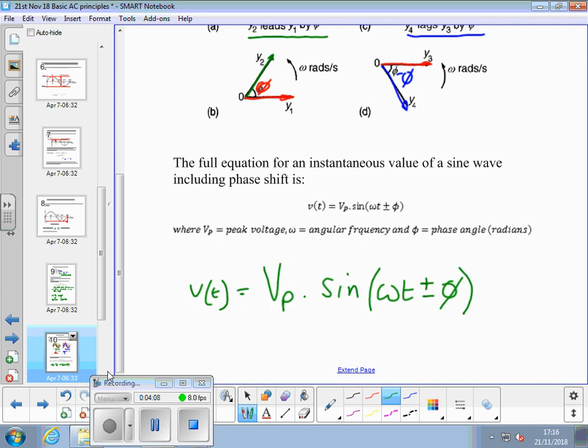Omega is always in radians. If this bit is an angle in degrees, then the phase shift is also an angle in degrees, but you're not going to come up against that very often in electrical.